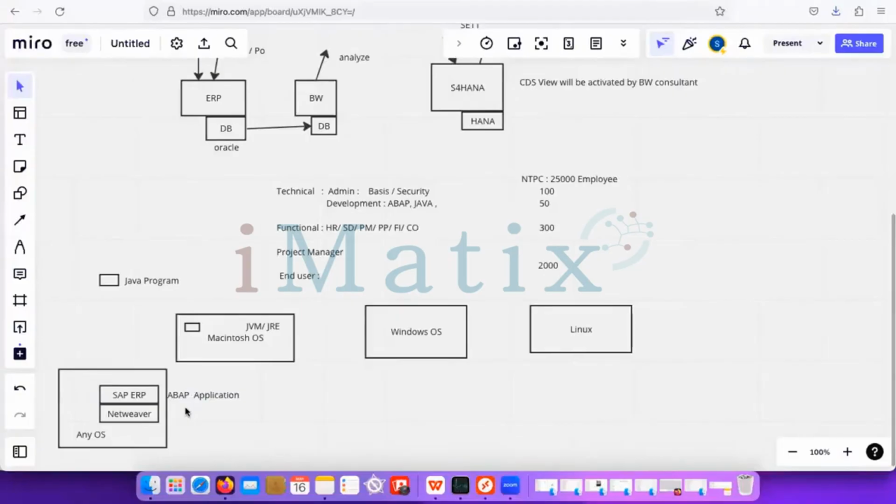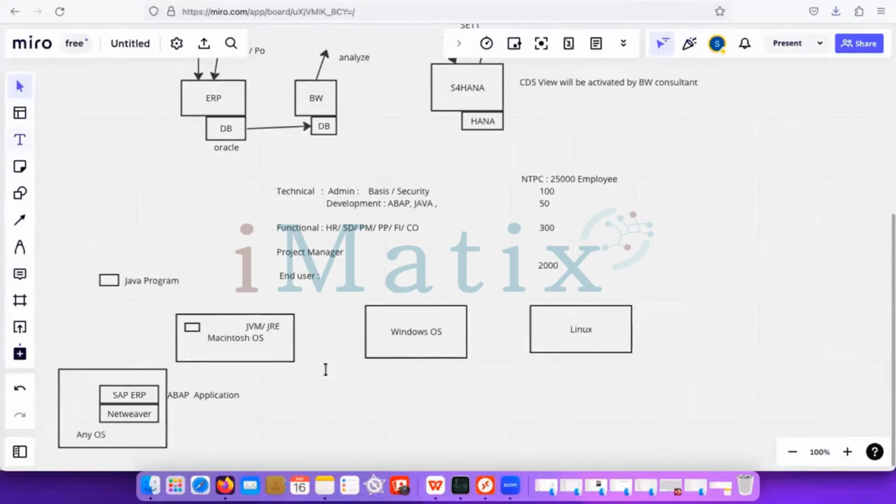SAP ERP, we should say S-A-P. You should try speaking it letter by letter, because it is an abbreviation.